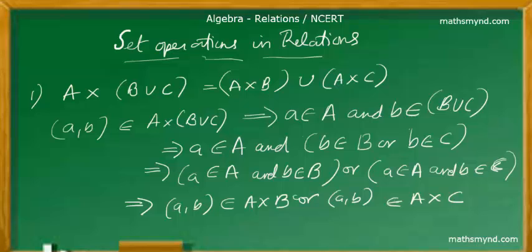So (a, b) is an element of A × (B ∪ C). Now you're dealing with an ordered pair.